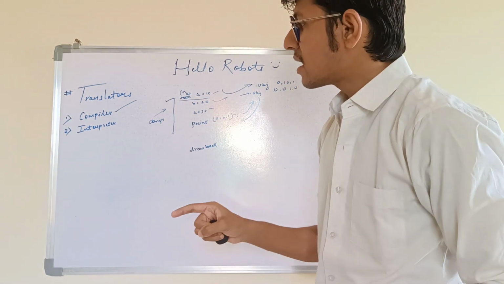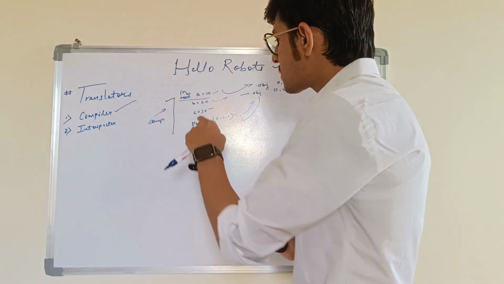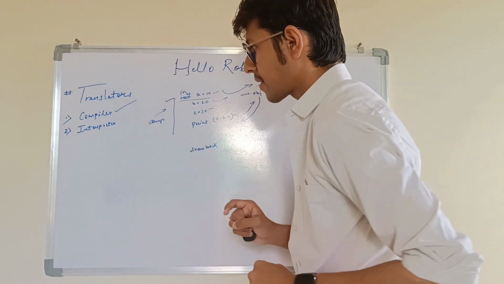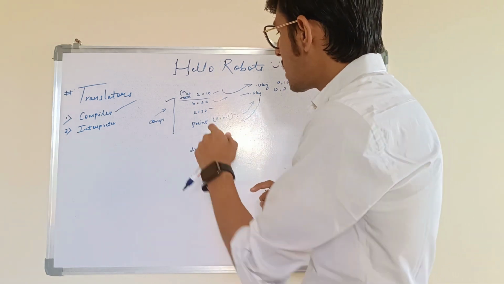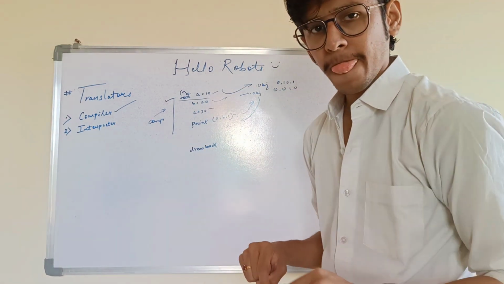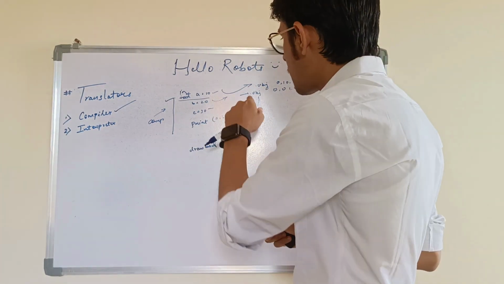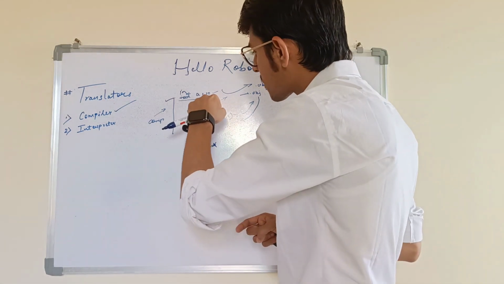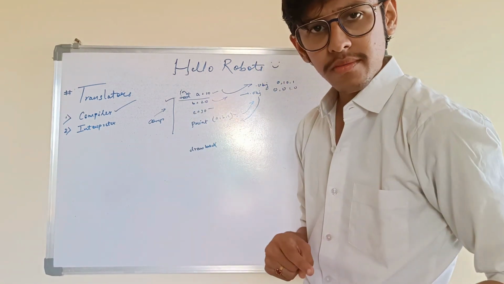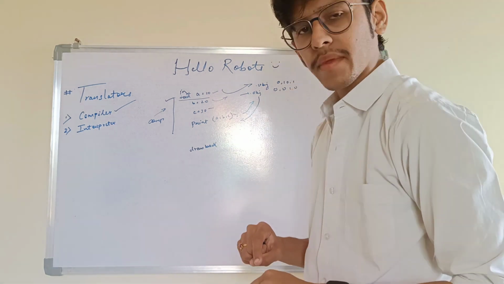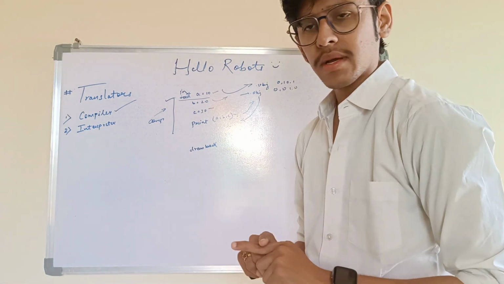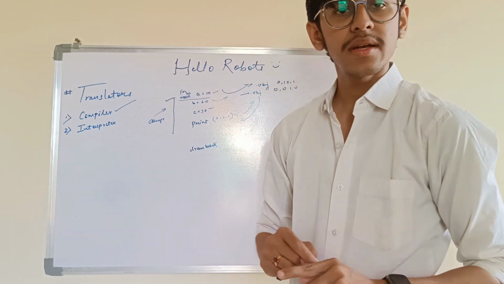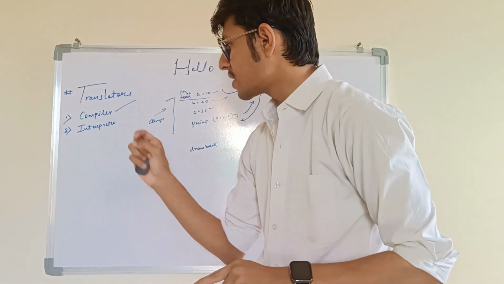Understood? But in case of interpreter, if there is an issue with the first line, it will not come to the second line. It will say, hey, there is an issue with the first line, please take it out. It will stop executing. That's why it is important. It is an advantage of the interpreter.